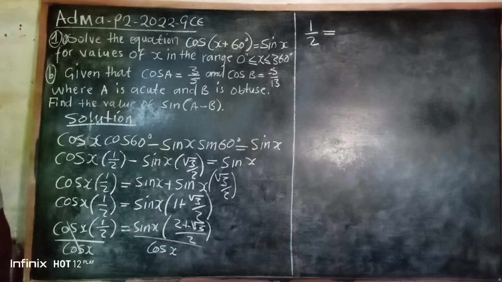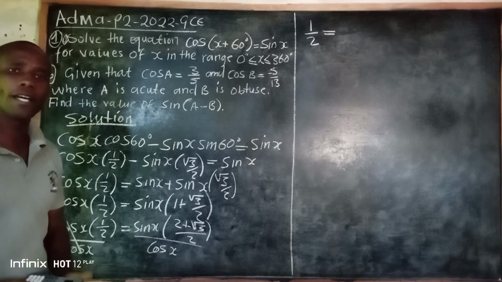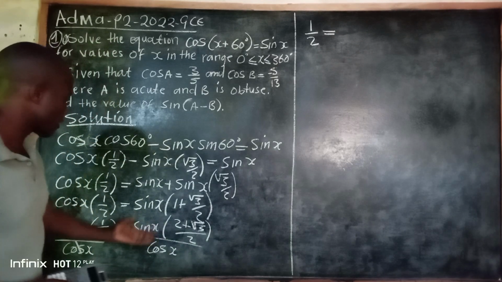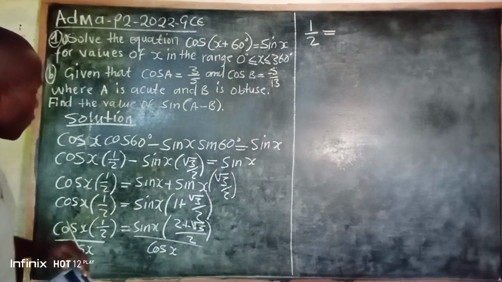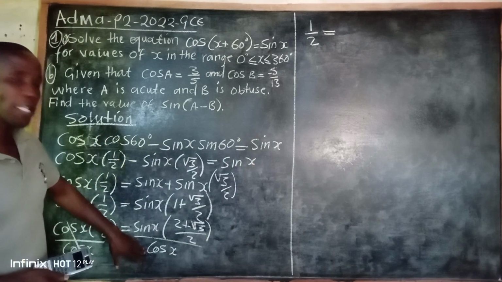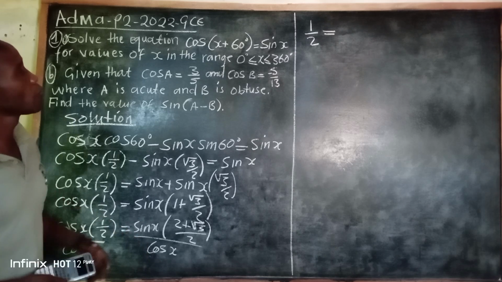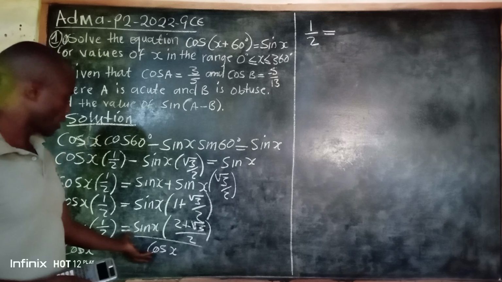So when we go to quotient identity in trigonometry, sin x over cos x is the same as tan x. Remember on the identity, as I said in my preamble, that you are supposed to master the identities found in trigonometry if you want to be a good calculator when it comes to this.